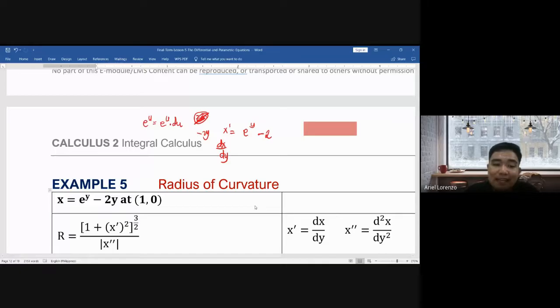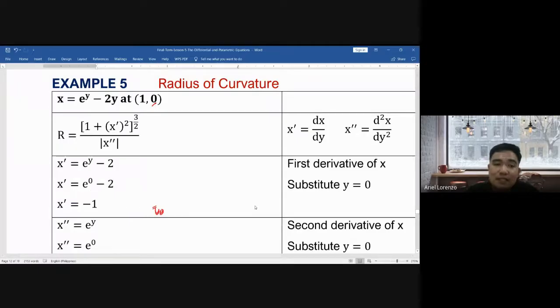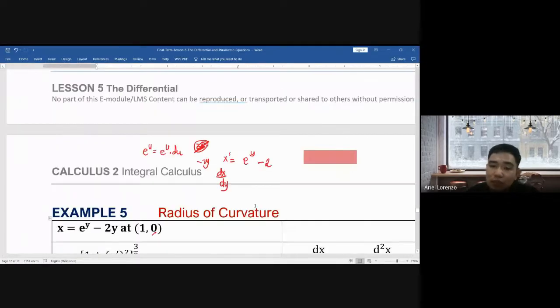And then, given, class, the value of y is 0. Okay? So you just simply substitute, class, what you got here in y into your x prime, so it equals e raised to 0 minus 2. e raised to 0 is 1. So 1, since any number raised to 0 is 1, minus 2 is negative 1. So you now have x prime which is negative 1.